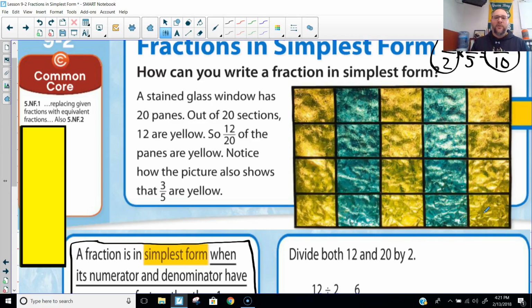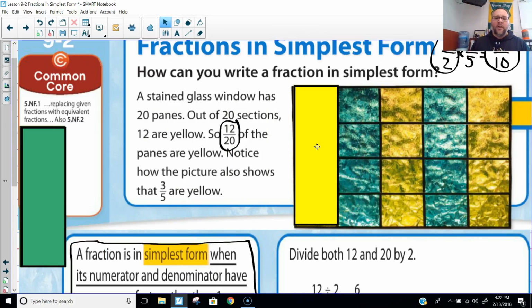And it talks about how 12 of these panes are yellow. Or in other words, 12/20ths of the panes of glass, right? 1, 2, 3, 4, 5, 6, 7, 8, 9, 10, 11, 12. 12/20ths are yellow.